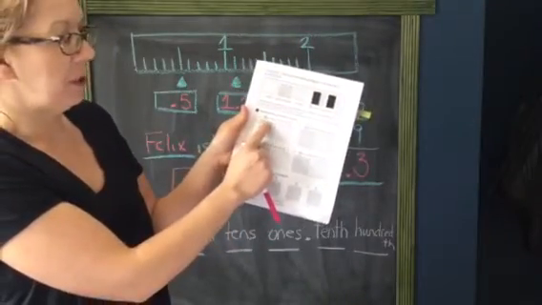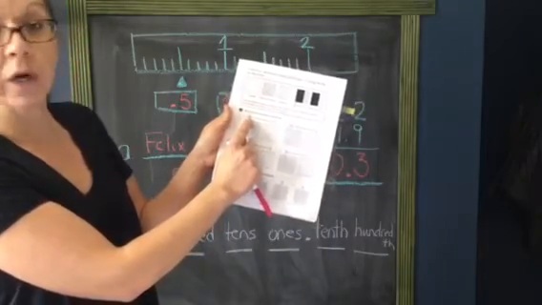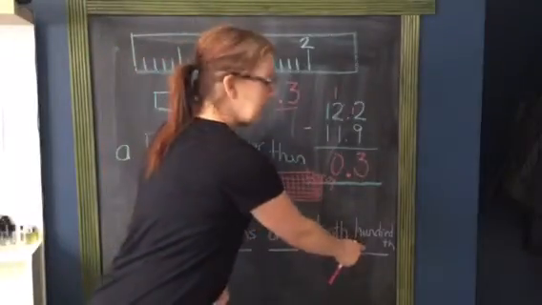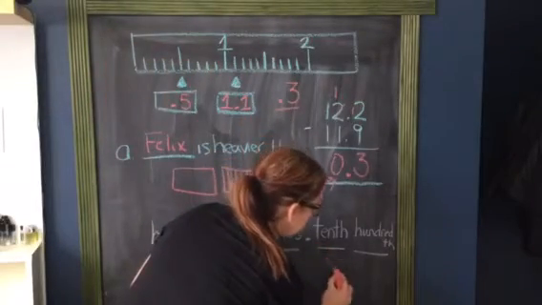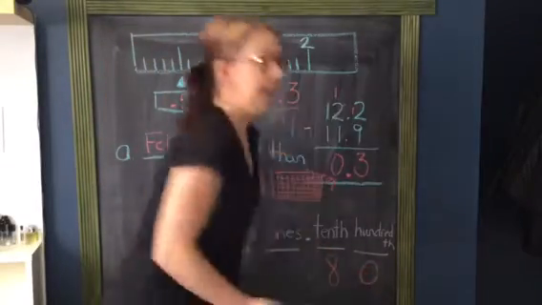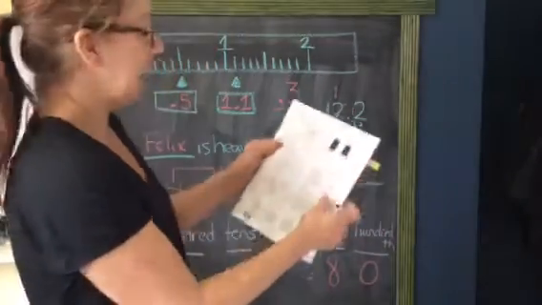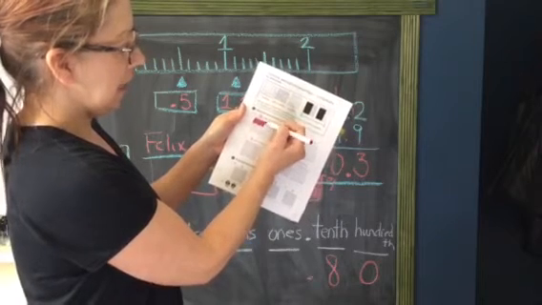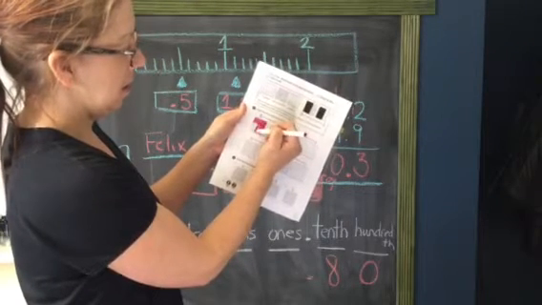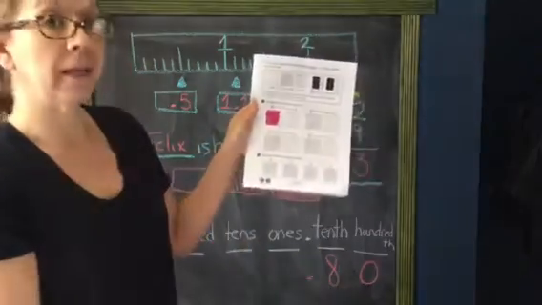But if you look on the question, it says show how these amounts are the same. 80 over 100, that says 80 hundredths, and it would be written like this. 80 hundredths. Okay, so if I was to color in 80 hundredths, I would be coloring in 8 of these lines, because I know each one of those lines has 10 in it, so it would look like that.